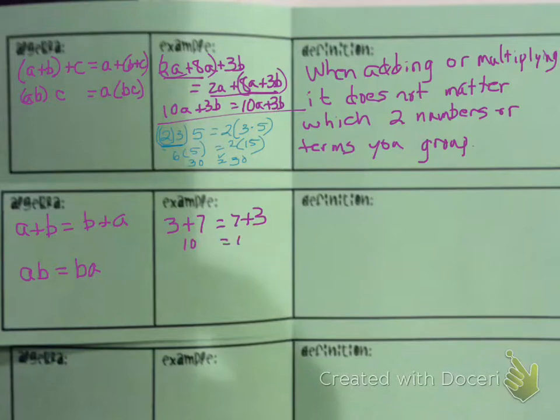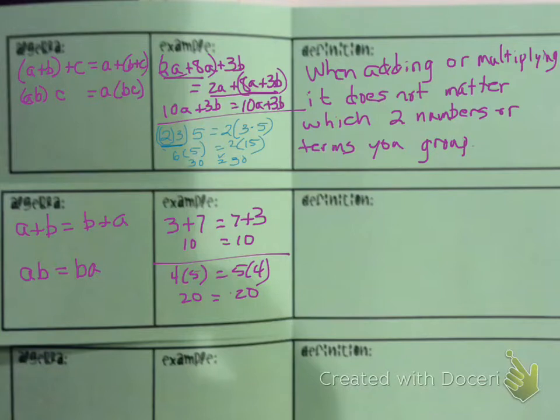They both equal 10. Okay, if I do it by multiplication, 4 times 5 is the same thing as 5 times 4. So 20 still equals 20. And sorry, that is an equal sign there. Fix it. Okay.